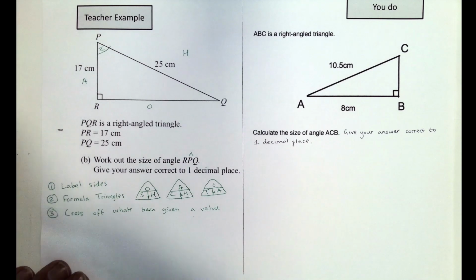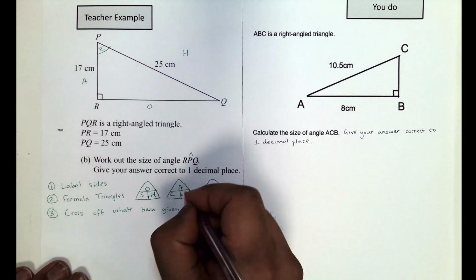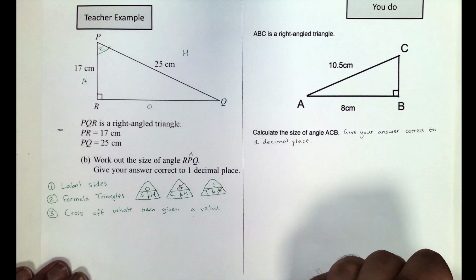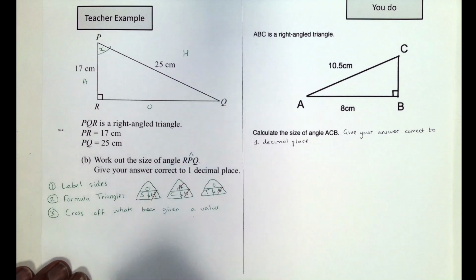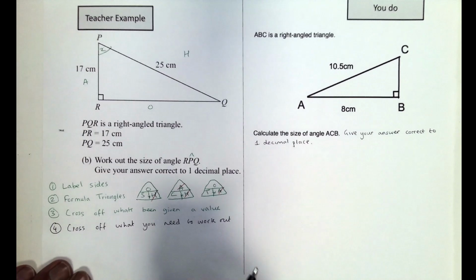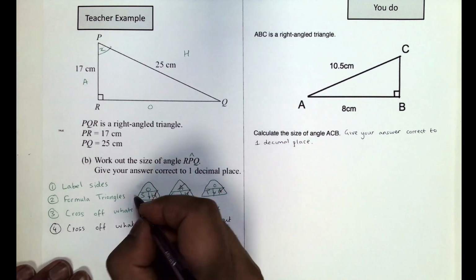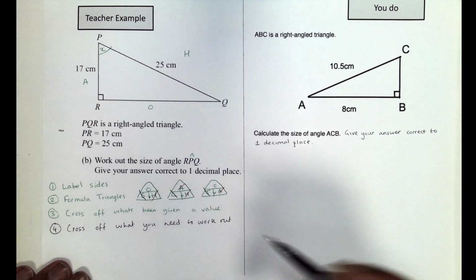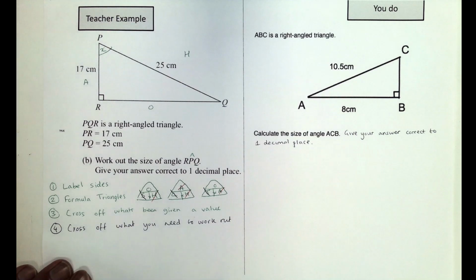So cross off what's been given a value, and I'll do that in red pen for you. A has been given a value, so cross that off, and H has also been given a value, so I'm going to cross that off. And finally, as I said in the last lesson, you'll always cross off the angles because either you'll be working them out or they'll be given. So regardless, you'll always cross off the angles.